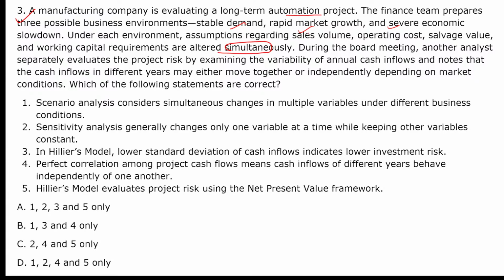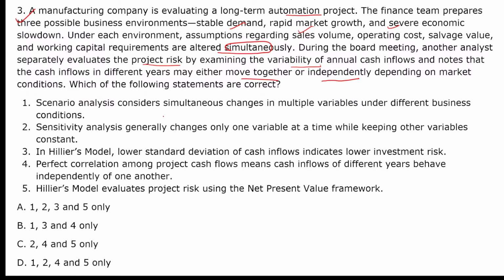This is scenario change. During the board meeting, another analyst separately evaluates the project risk by examining the variability of annual cash inflows and notes that the cash inflow in different years may either move together or independently depending on market conditions. Which of the following are correct?